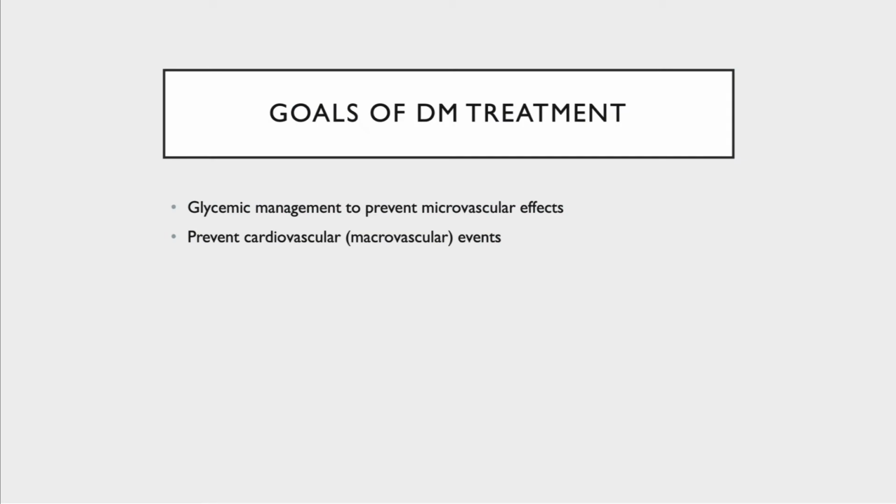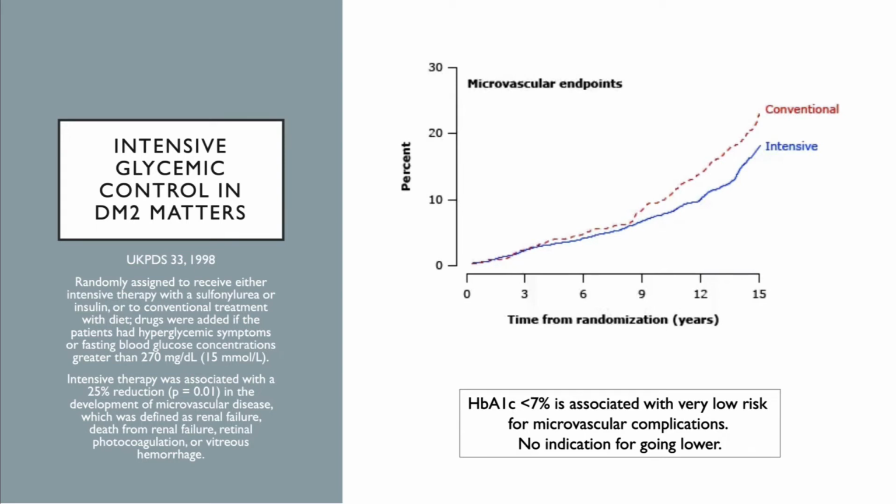Well, we want to manage their glycemic effects to prevent microvascular and macrovascular events. And we know from the UK PDS trial, I forget when that came out, in the early 90s with type 1 diabetics, we know that tighter blood sugar control was beneficial.